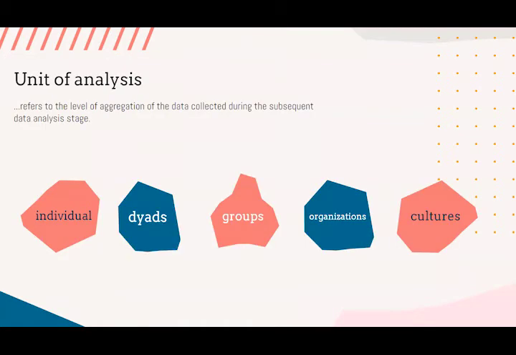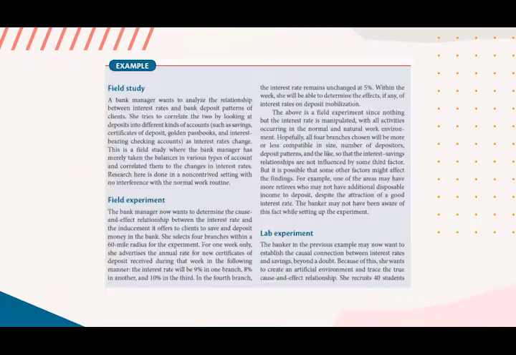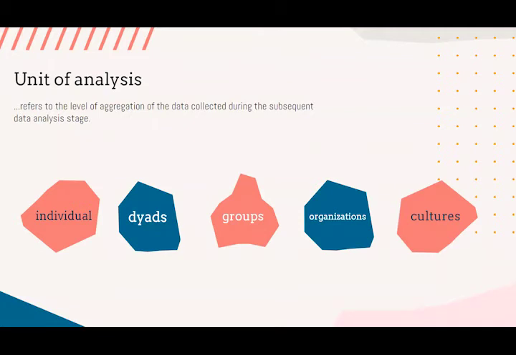Then next we have the unit of analysis, which is the major entity that you are analyzing in your study. For instance, any of the following could be the unit of analysis: individuals, groups, organizations, dyads, or two people in the group basically, and cultures.